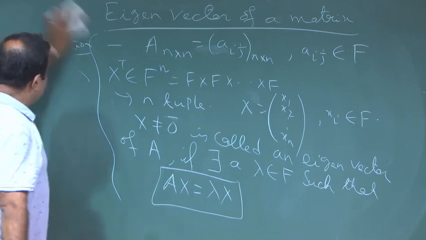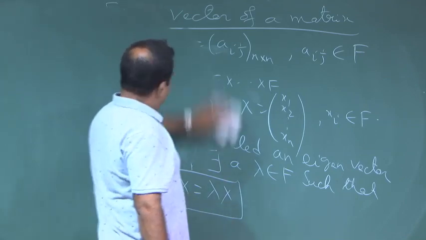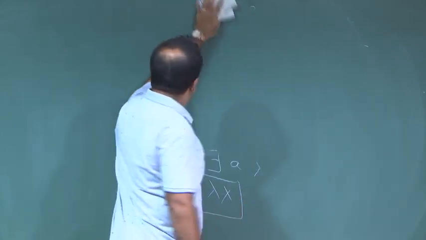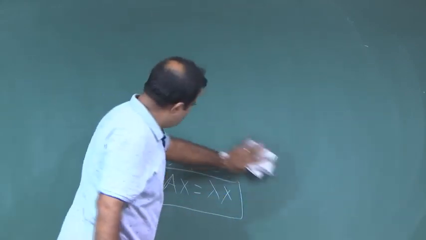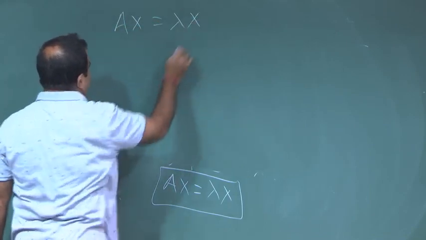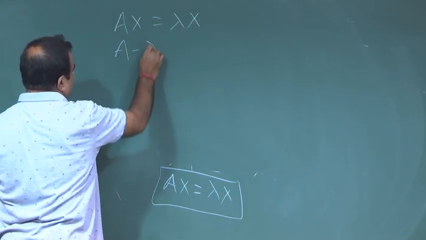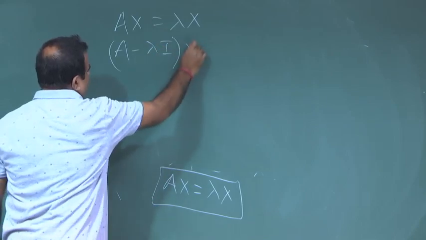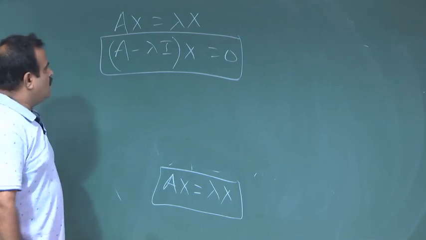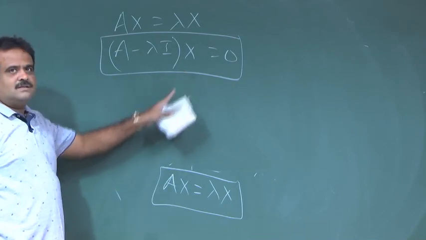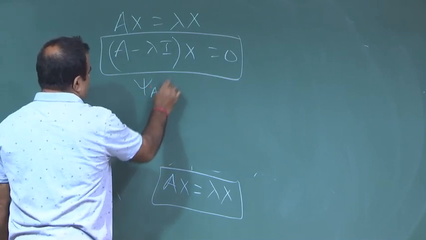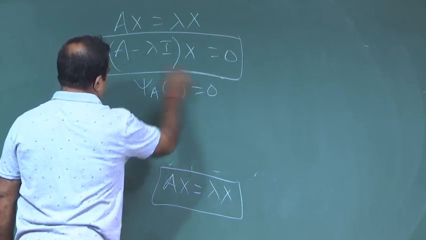So, we will come to that. What do you mean by A x equal to lambda x? Once we have A x equal to lambda x, that means (A minus lambda I) x equals 0. This equation we are familiar with; it is nothing but the characteristic equation.